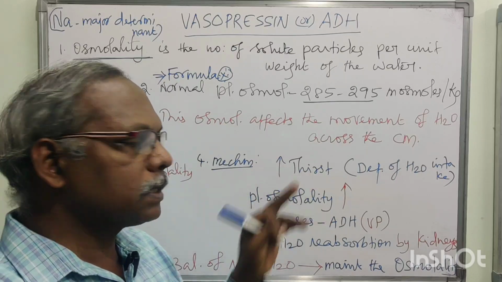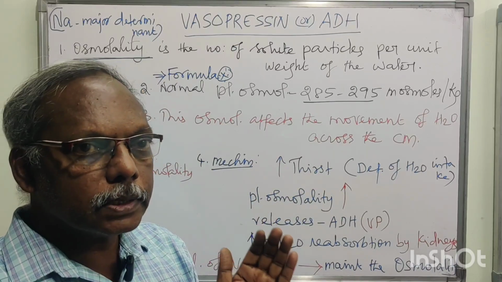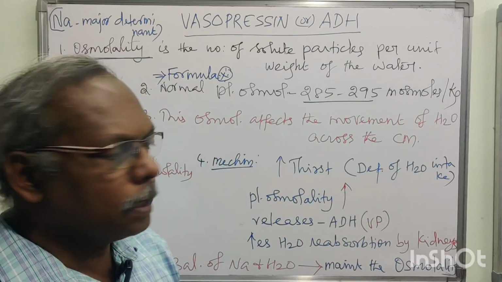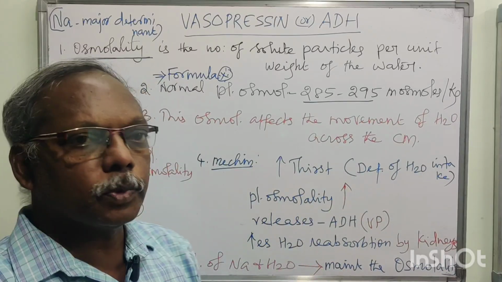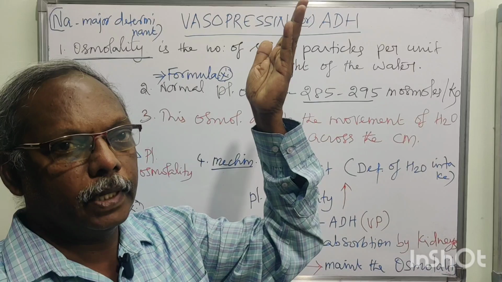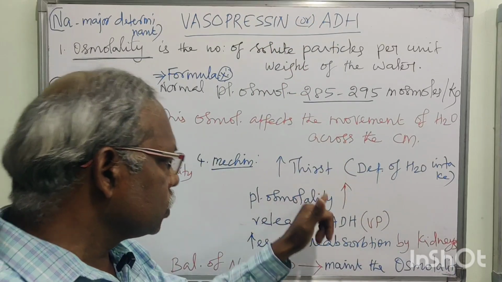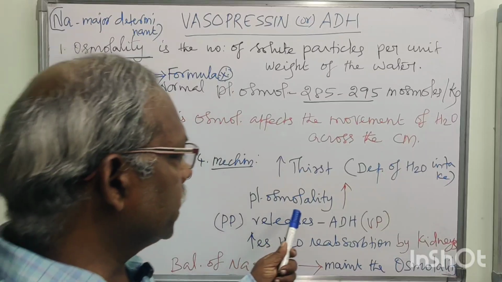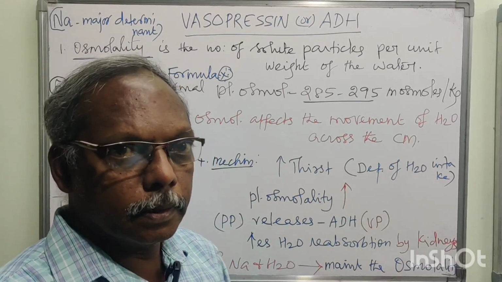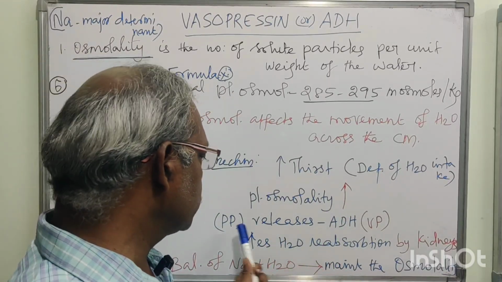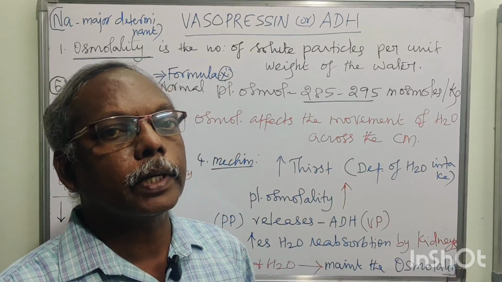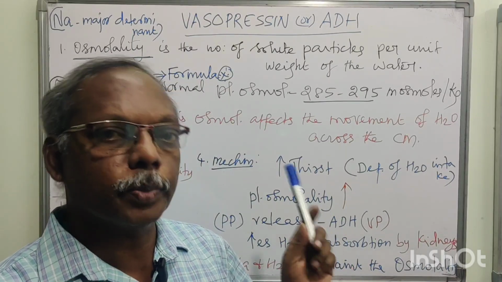So, increased thirst. The scenario is increased thirst, that is due to the deficiency of water intake. At that time the plasma osmolality will go up, increased. So the increased osmolality stimulates the posterior pituitary and releases ADH, that is antidiuretic hormone or vasopressin.